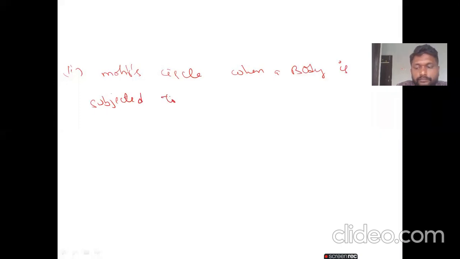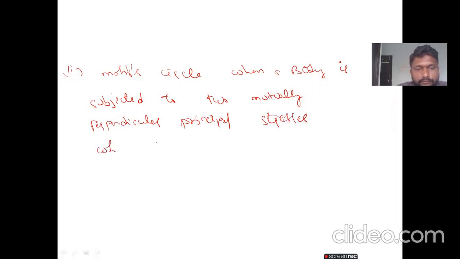Case 2 is the Mohr circle when a body is subjected to two mutually perpendicular principal stresses which are unequal and unlike.